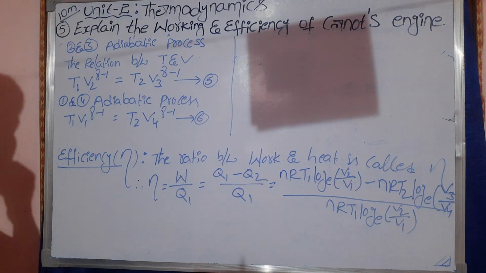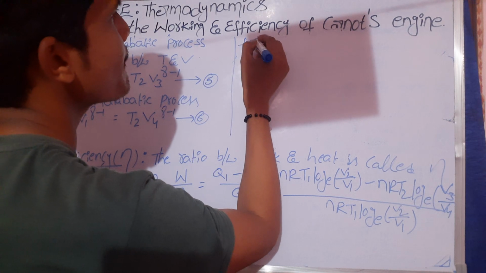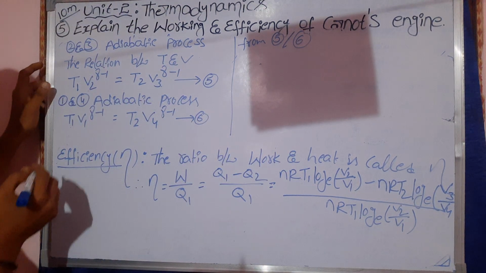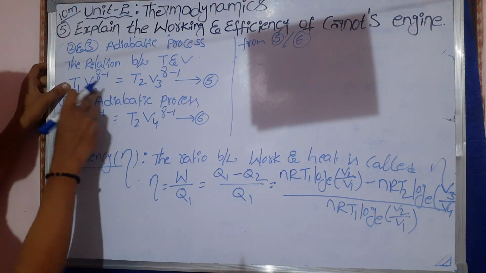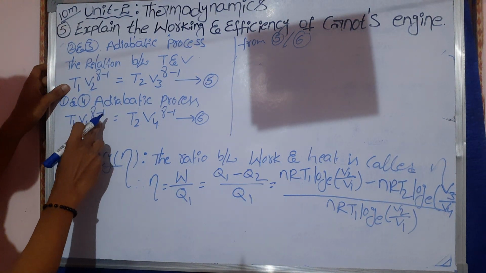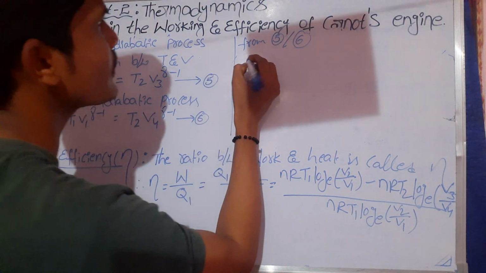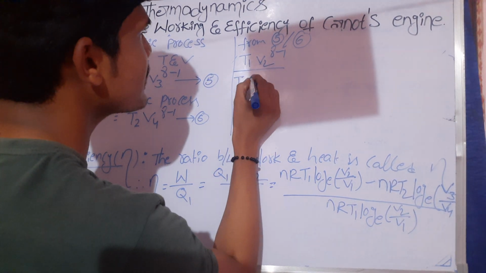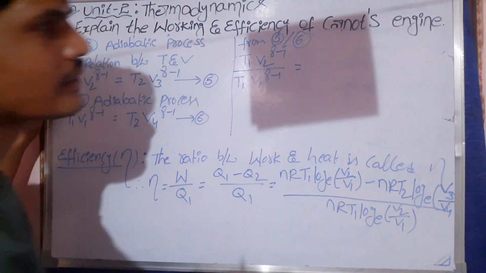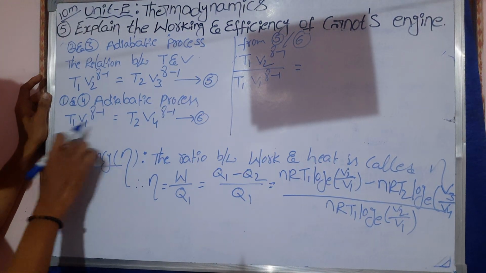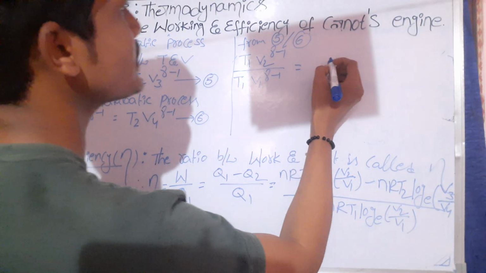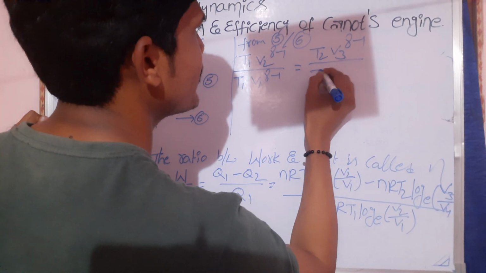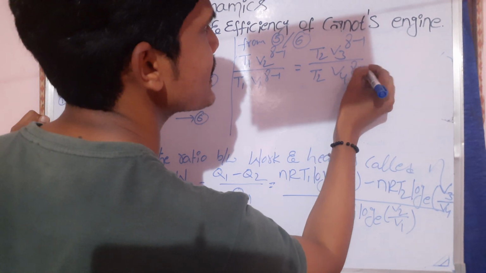So these two equations, 5 by 6. T1 V2 gamma minus 1 by T1 V1 gamma minus 1, on the LHS, and on the RHS T2 V3 gamma minus 1 by T2 V4 gamma minus 1.